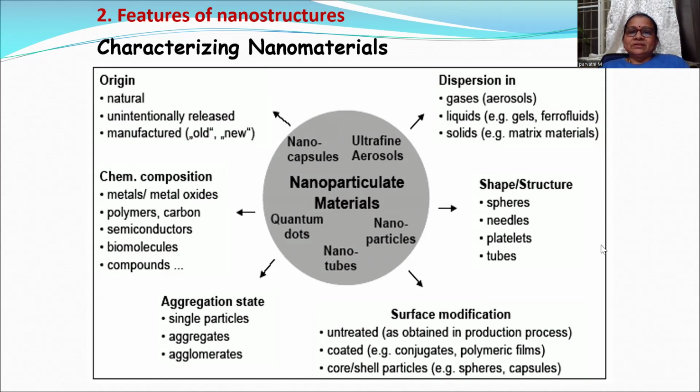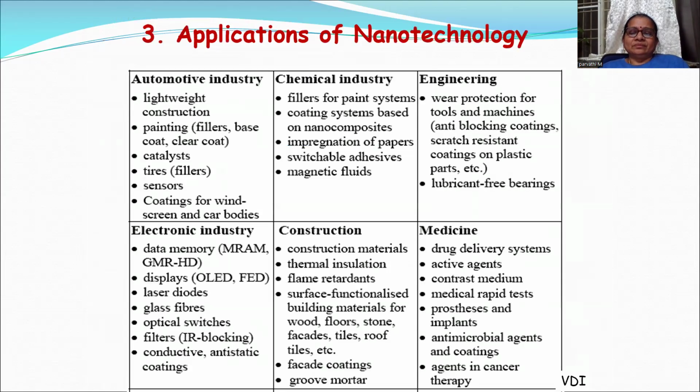Based on these properties and characterization, applications are built with different shapes. When it comes to applications of nanotechnology, this is very important: where can we use nanotechnology? There are a lot of applications, like automotive industry, chemical industry, engineering, medicine, construction, and electronic industry.